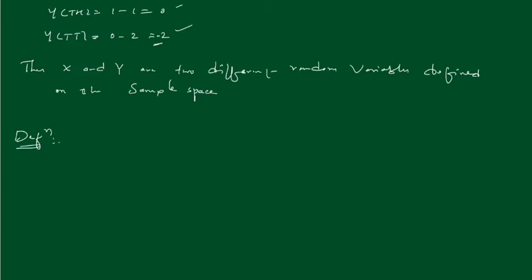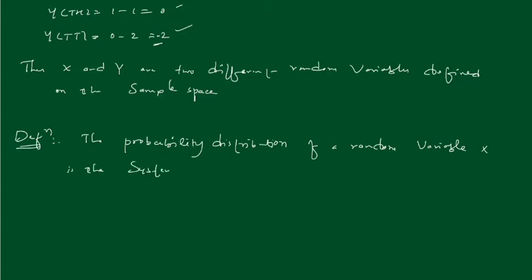So here, the probability distribution of a random variable x is the system of numbers, that is x.